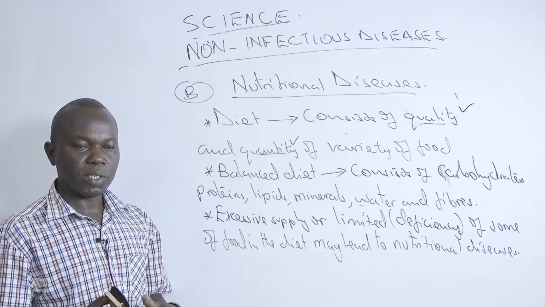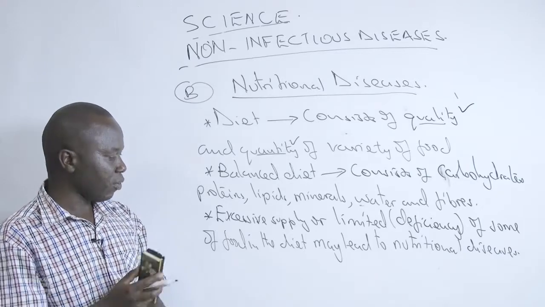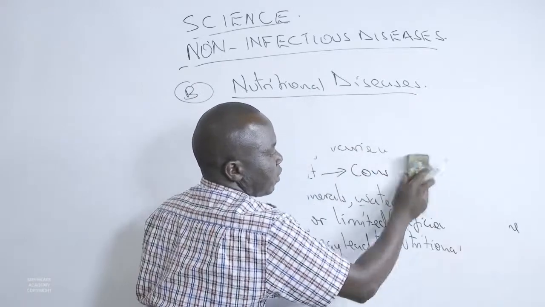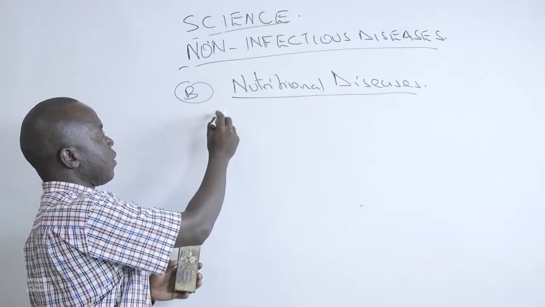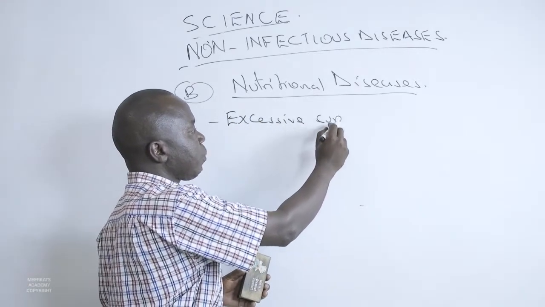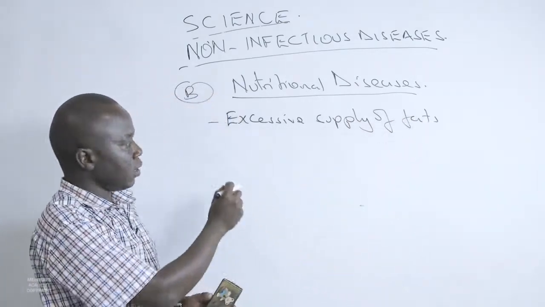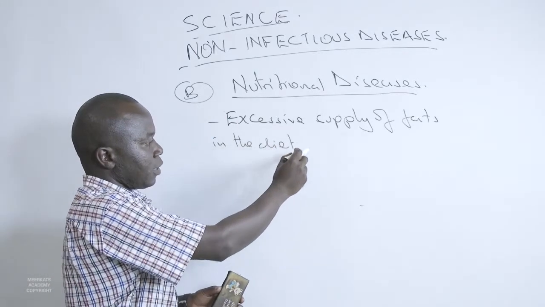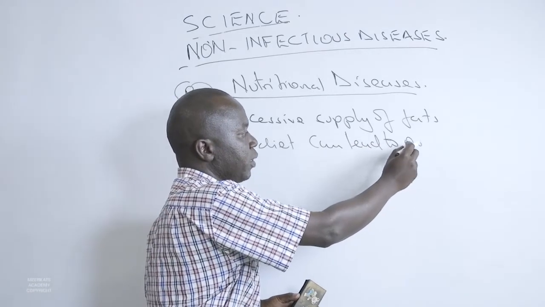It can lead to even some kind of hernia and even some kind of cancer. So, as we have mentioned, excessive supply of fats, for instance, in the diet can lead to overweight.